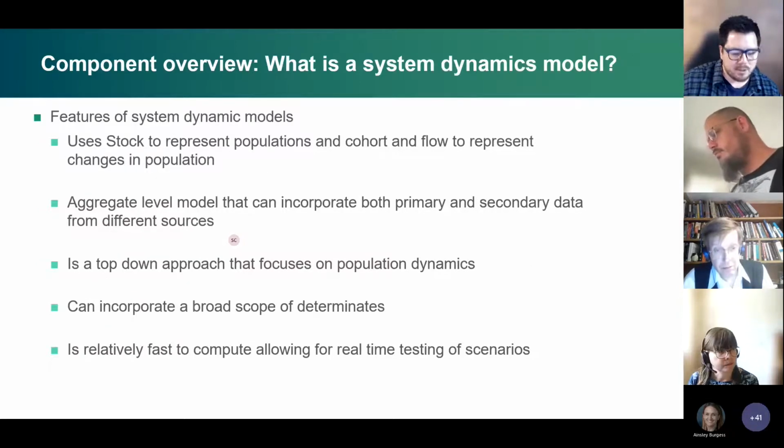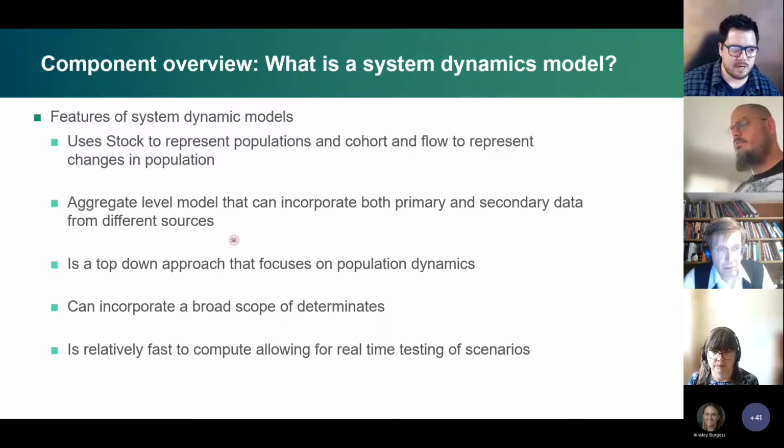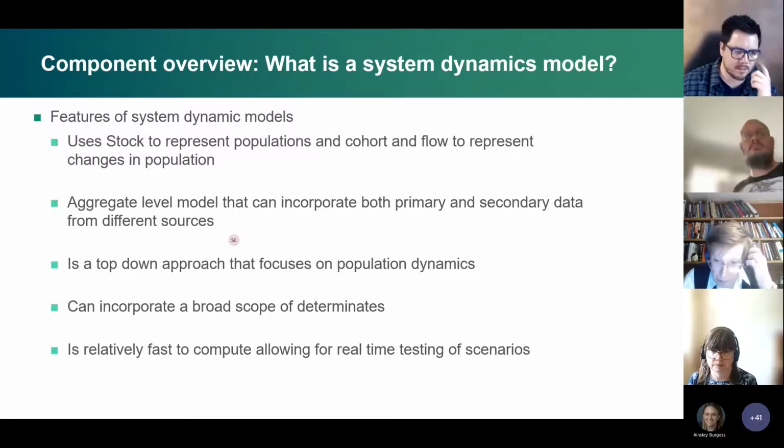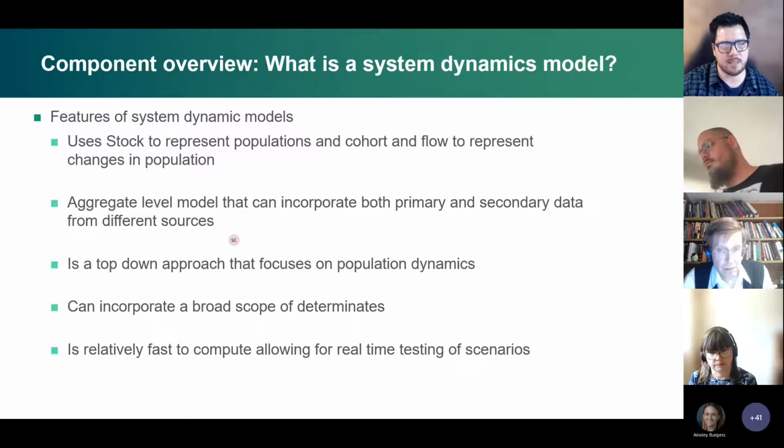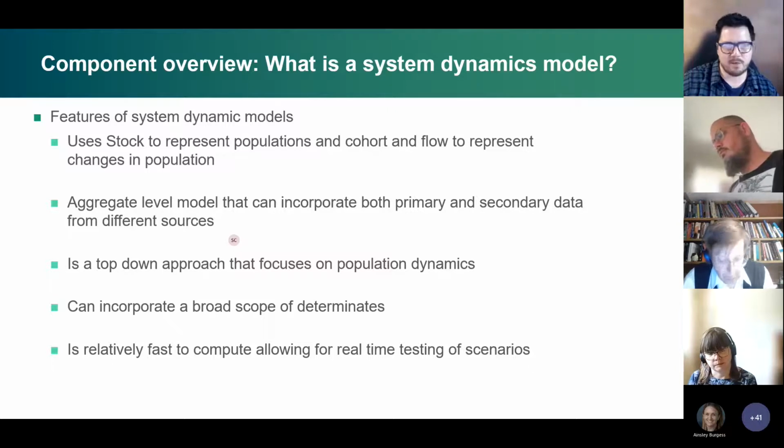So Nate touched on a lot of the reasons why we do modeling, but a few unique features of system dynamic modeling compared to the hybrid or agent-based modeling that Nate was discussing was that we use stocks to represent populations, and they're just a big bucket of people, and flows allow us to understand how those populations change over time, and they really represent a lot of the rates of change that we expect to see in the population.